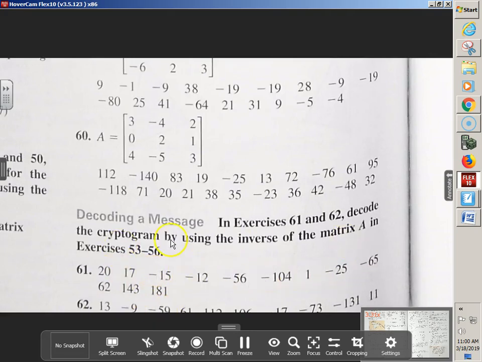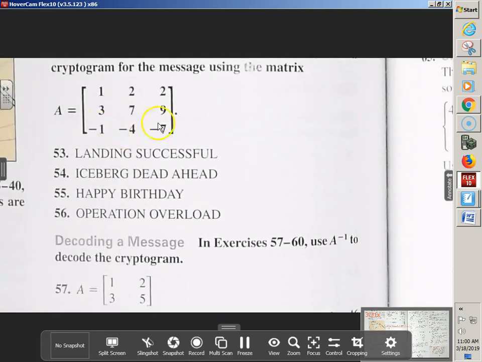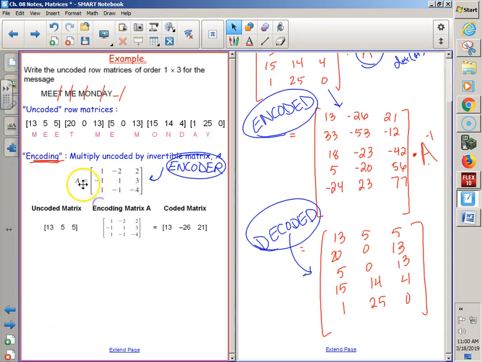We're grouping these by 3s to make the matrix multiplication legal when we go to put this guy in our calculator and multiply by his inverse. So you have to remember, we're multiplying by the encoder to get it encoded or by his inverse to get it decoded. So in our notes, once again, we multiply by A to encode it, but then we multiply by the inverse to decode it. Is that cool?